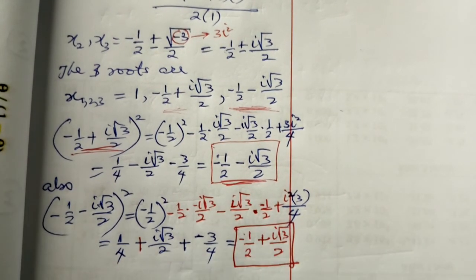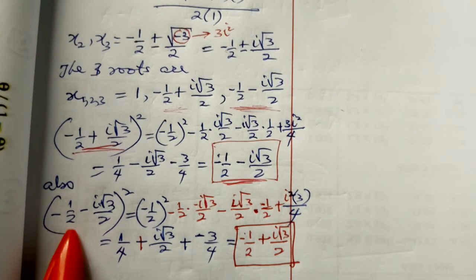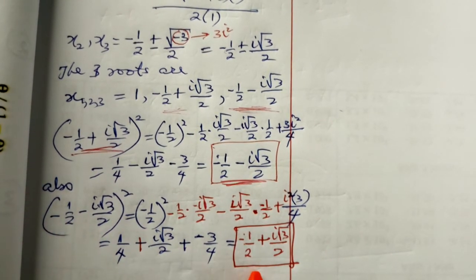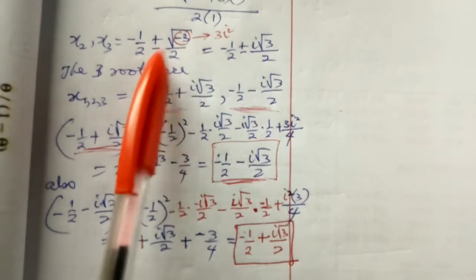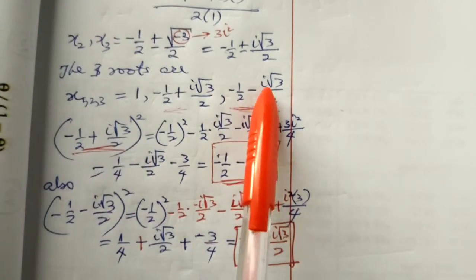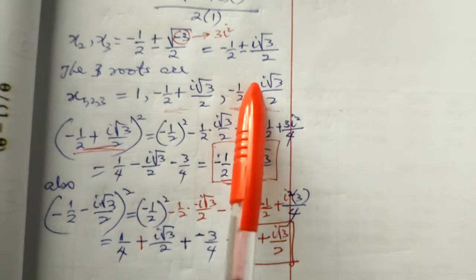So you now see that we squared this one and got the other one. If we square this one, we get this.